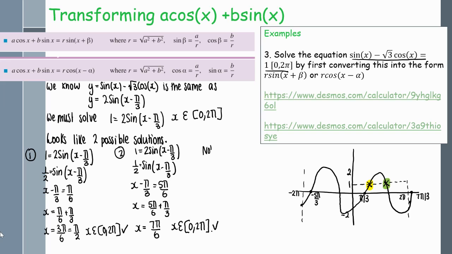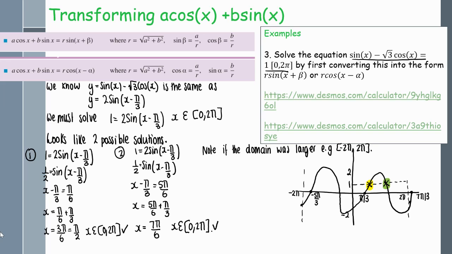Just a quick note, if I changed the domain to say minus 2 pi to 2 pi, if I continued my y equals 1 line, I would actually get 4 solutions in total.